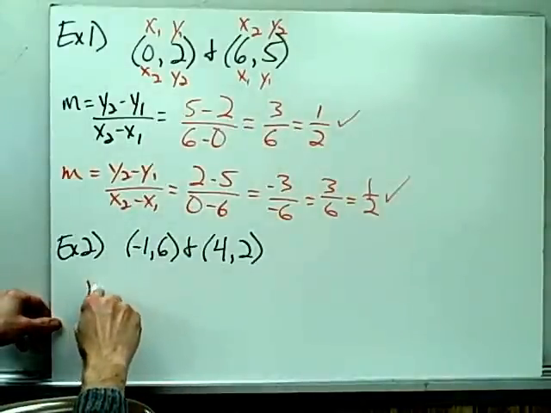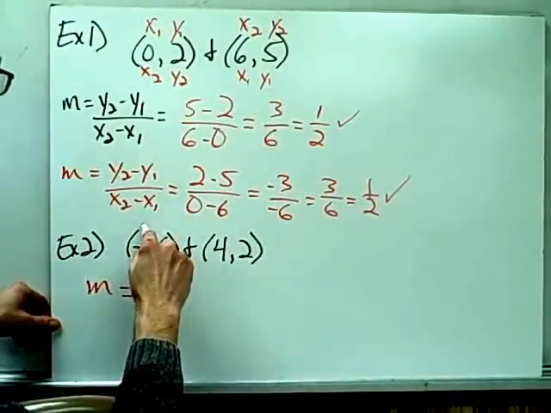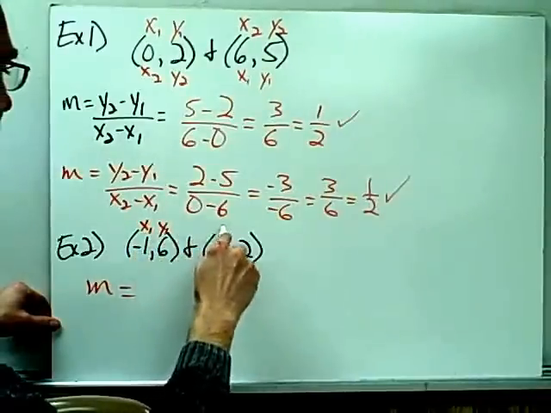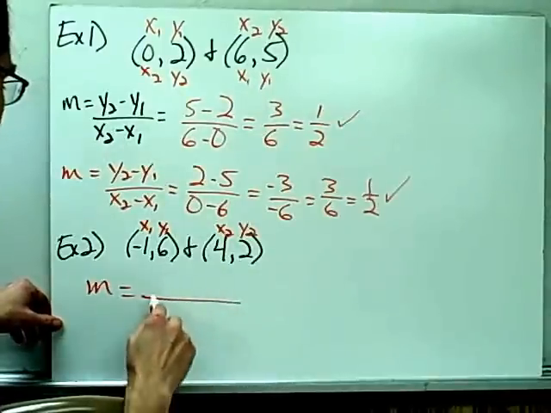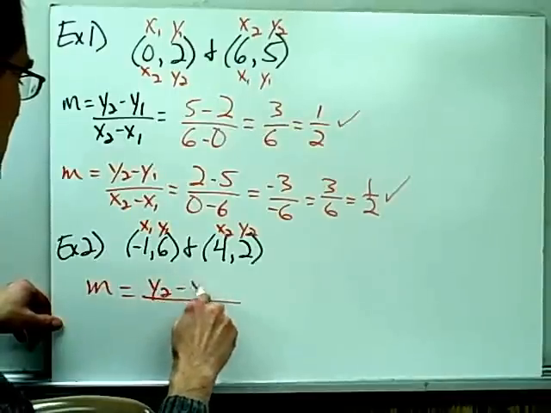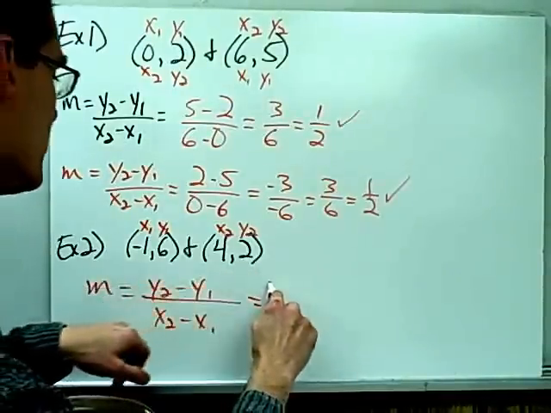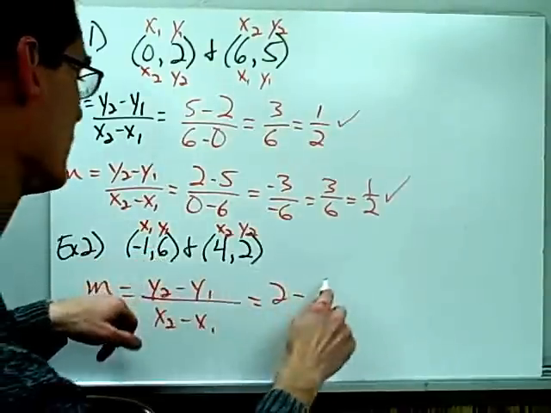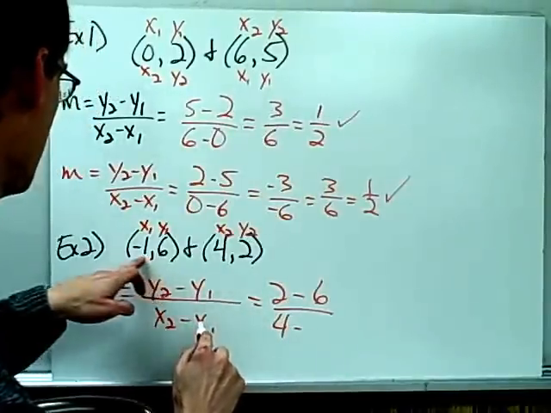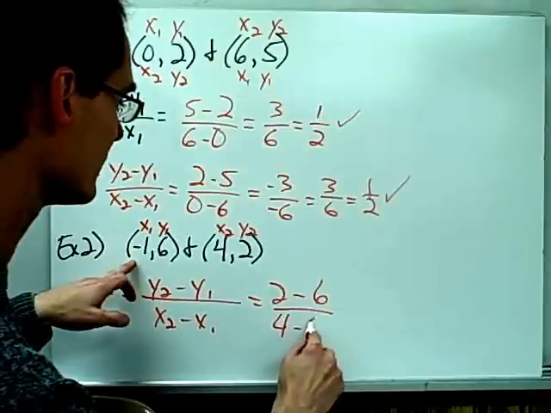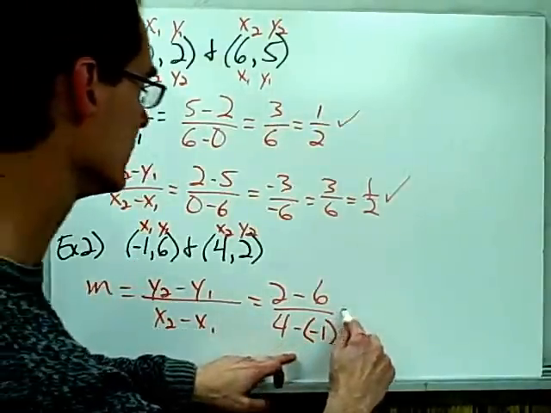All right, let's do one more. Slope of the line between these 2 points. So let's see, once again, let's call this x1, y1, x2, and y2. So let's see, my slope is going to be y2 minus y1 over x2 minus x1. y2 is 2, y1 is 6, x2 is 4, and x1 now is a negative 1, so I need to make sure I have x2 minus my negative 1.